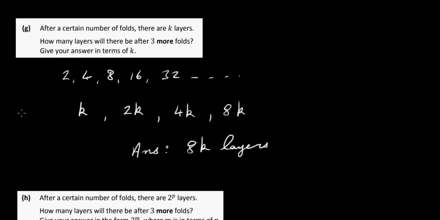Okay, so next question then is part H, and it says, after a certain number of folds there are 2 to the power of p layers. How many layers will there be after 3 more folds? Well, this is the same thing again. If there are this many layers and we fold again, there will be twice 2 to the power of p layers the next time we fold.